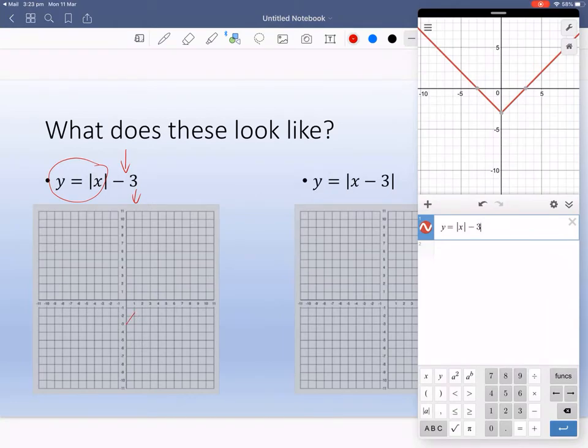I'm just going to copy what it is from Desmos. So let's do it. Minus 3, 3 there. Actually, I'm going to do this one more time. So I'm going to minus 3, 3 all the way up. Yep. So let's do that. And then this one's going to go like that. Okay.